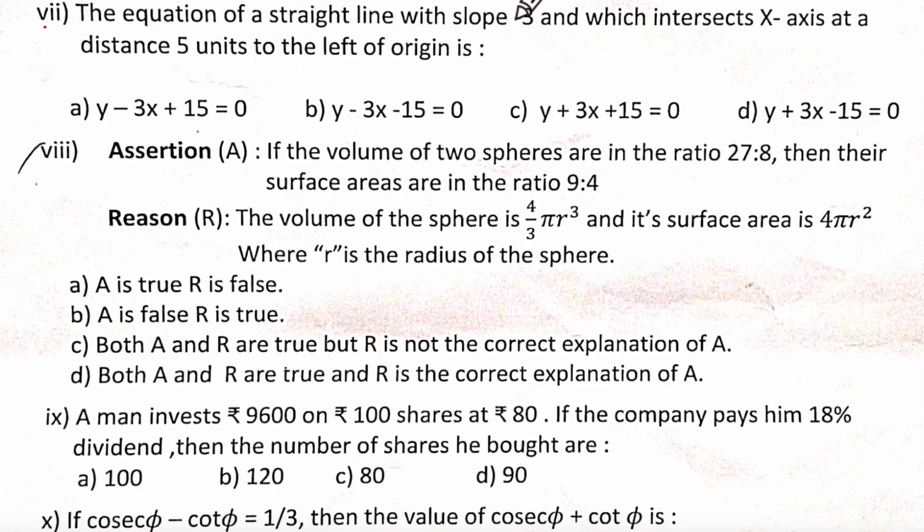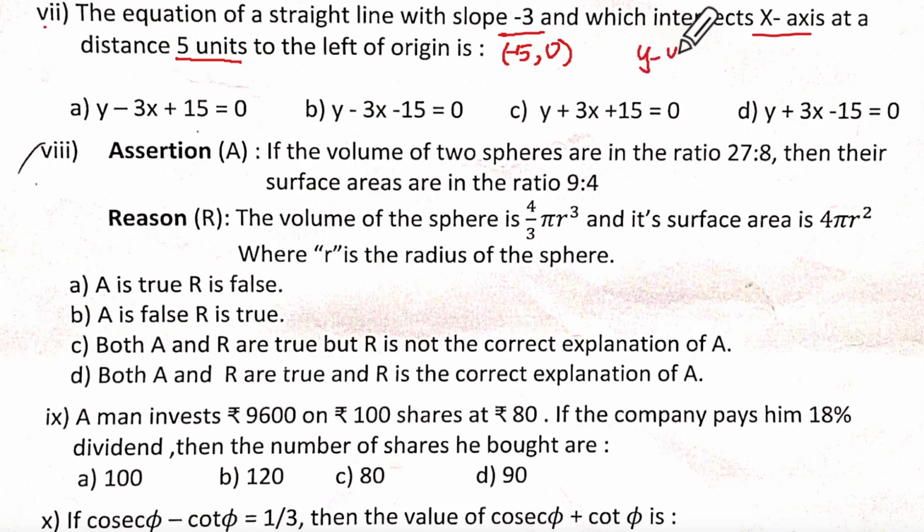The equation of a straight line with slope equal to -3, which intersects x-axis at distance 5 units to the left of the origin, which means the x coordinate is -5. Okay, which means it passes through the point -5, 0 because it's on x-axis. So if we say y is equal to mx plus c, no, that will not work, because your x-intercept is given.